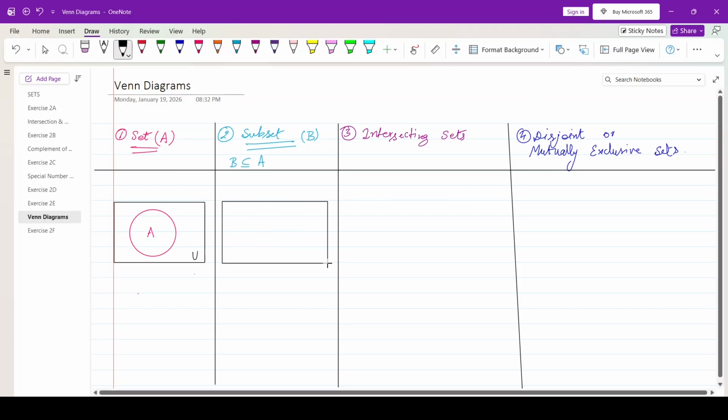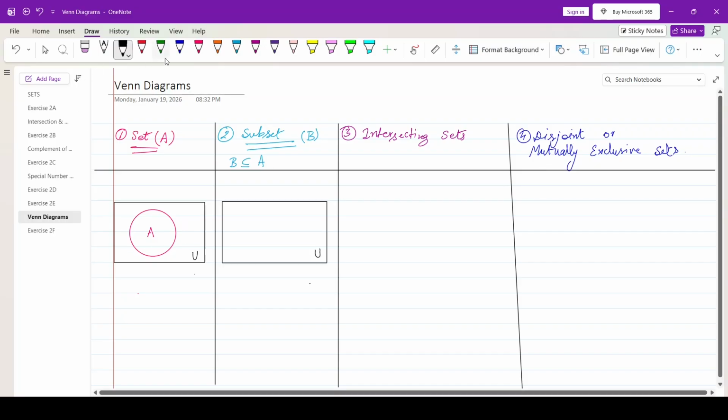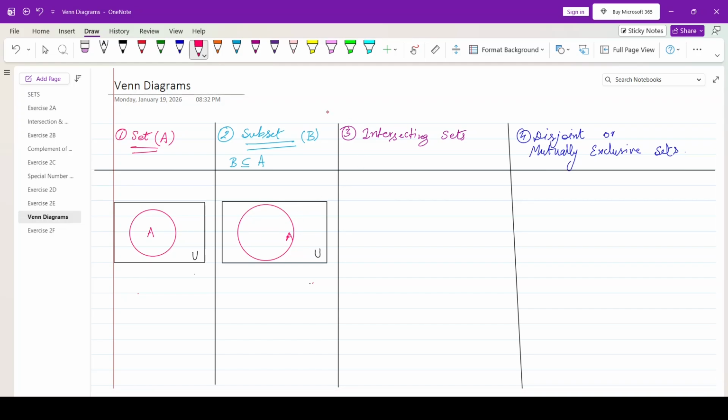So we know this is our universal set and this was our A. This is A, set A.